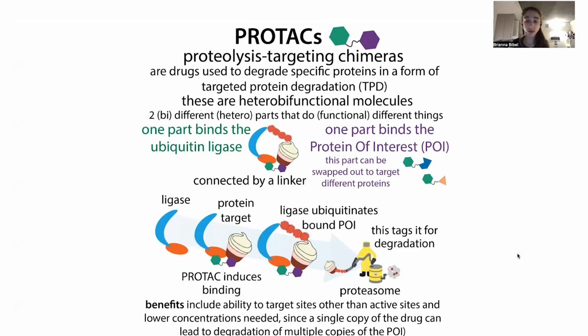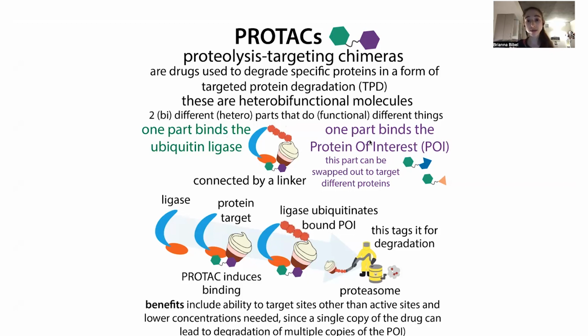So PROTACs, or proteolysis targeting chimeras, are what we call heterobifunctional molecules. So they have two different parts that do different functional things. One part is going to bind to the ubiquitin ligase, one part is going to bind to the protein of interest, and they're going to be connected by a linker.